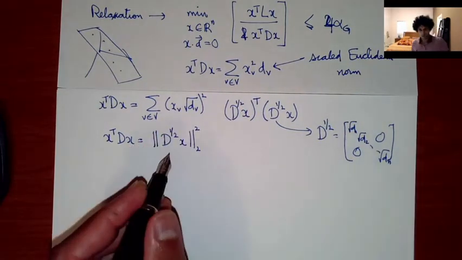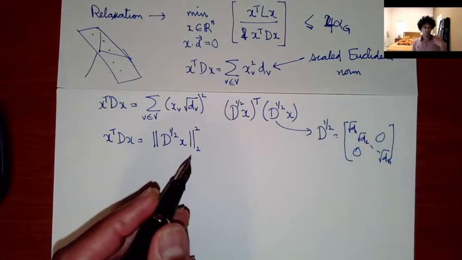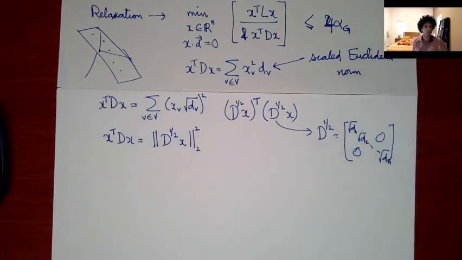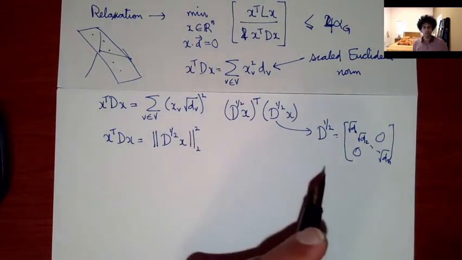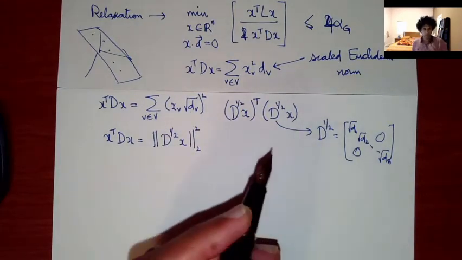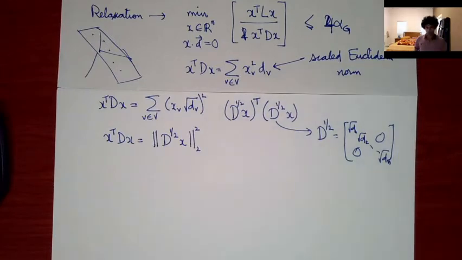So what this suggests is that the right view is we should just scale the coordinates, because if we scale all the coordinates by root d, then things are going to be more convenient to look at.